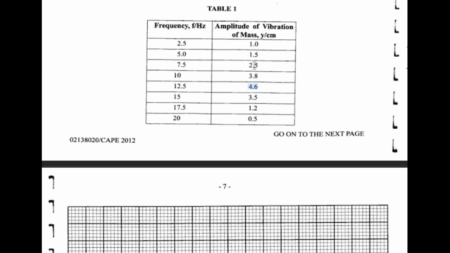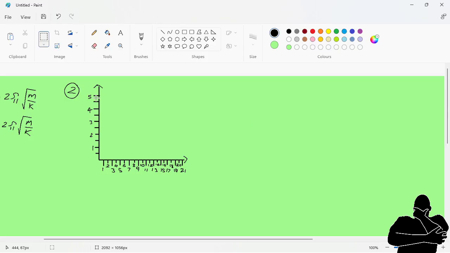So the largest point on the y-axis is 4.6. So let's just say the largest point is 5. Let's say the graph needs to go up to 5 units, right? So the highest point on my graph is 5 units. And let's say I have 10 graduation marks on my graph paper. All I need to do is say, we have 5 that we need to go up to and we have 10 marks, so it's 5 divided by 10.